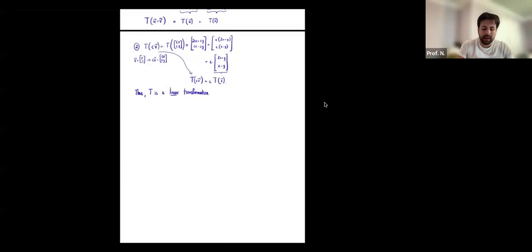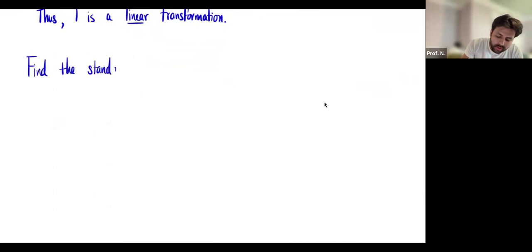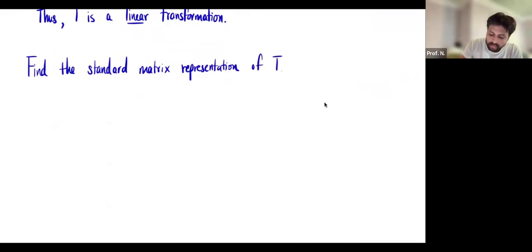And so then just to piggyback off of this, I'm just letting you know what you'll see on the quiz is find the standard matrix representation of T. Remember, every linear transformation can be represented by a matrix, and every matrix transformation can be represented by a linear transformation.